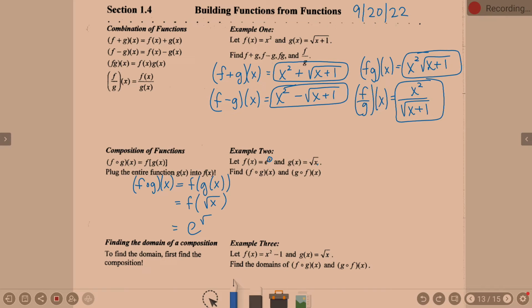Square root of x. So this is going to be e to the square root of x. Whatever g is goes into f. Any place I see a variable, an x, within f, it becomes whatever g was. Then of course there's always the question, can I do anything to clean this up? Not on this one. On some of them, definitely. So f composed with g of x is e to the square root of x.